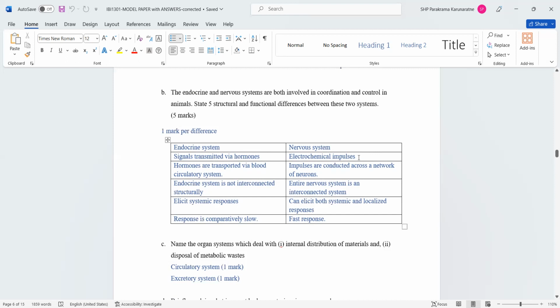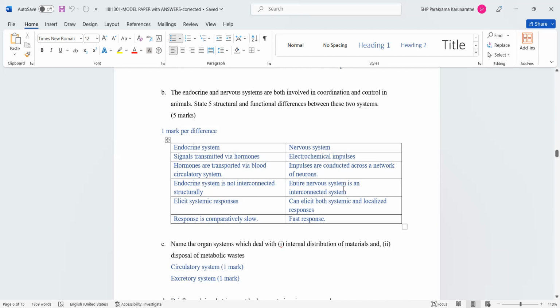Hormones are transported via the blood circulatory system, whereas impulses are conducted across a network of neurons. The endocrine system is not interconnected structurally, because hormones are released into the blood and the endocrine organs are not connected to each other.